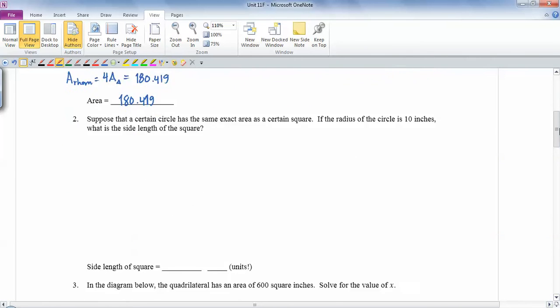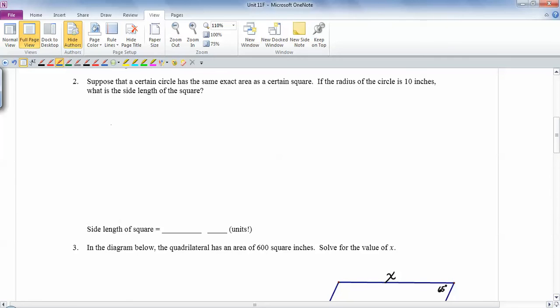Number 2. Suppose a certain circle has the same exact area as a certain square. The radius of the circle is 10 inches. I know that the areas are going to be the same, so let's figure out what the area is.